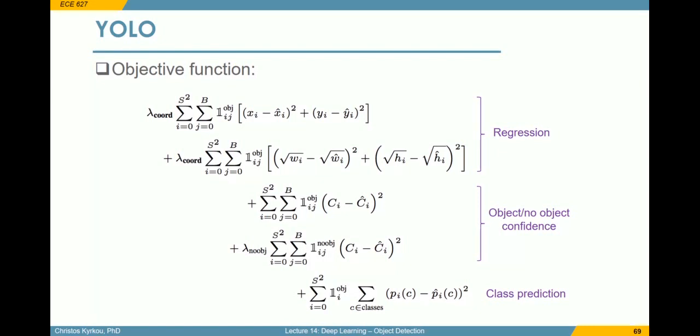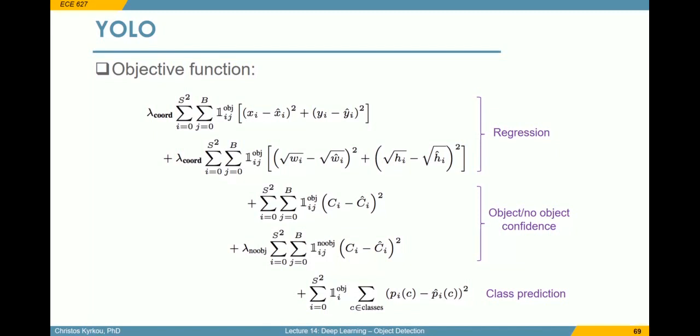Next, they regress the confidence score for object locations and non-object locations. So the idea here is in the grid cells where there is an object, they want to predict the presence of an object, and in all other cases, which is the second line of the 2, for those boxes, they propagate the non-object class.